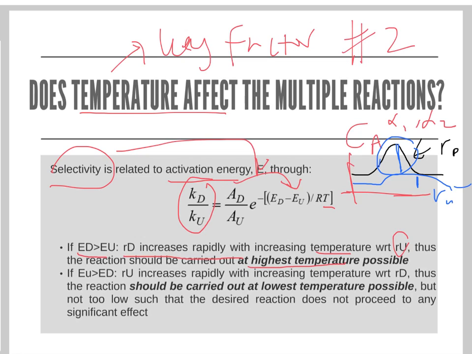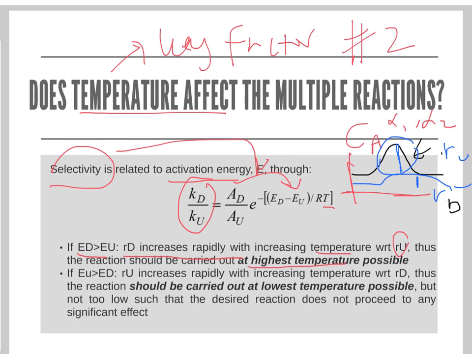However, let's say this is RU and this is RD, which means that now the activation energy for RD, the desired product, is lower than for the undesired product.